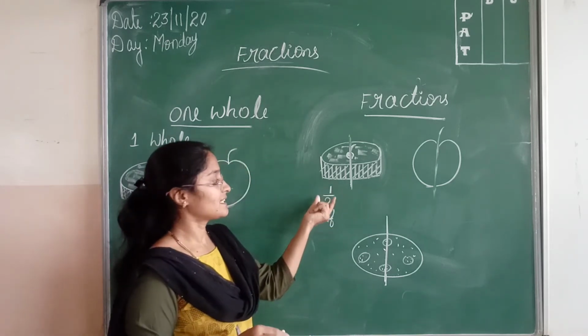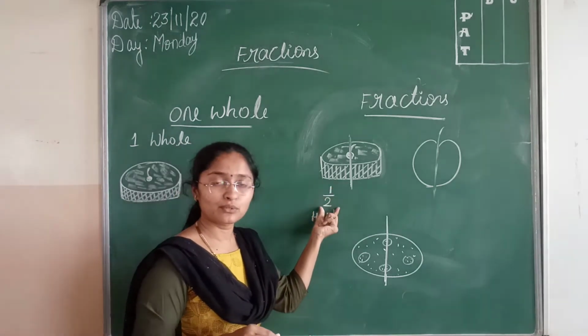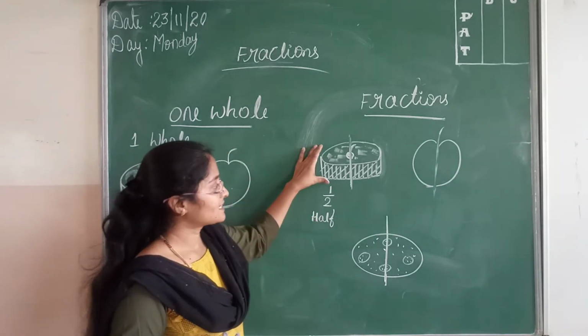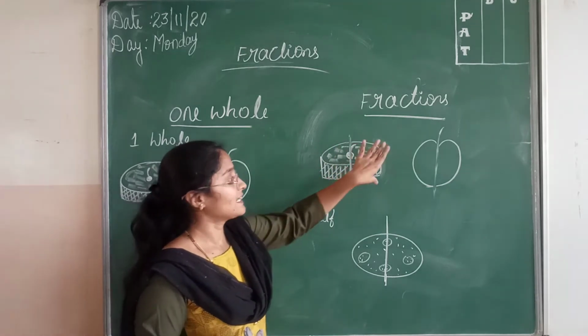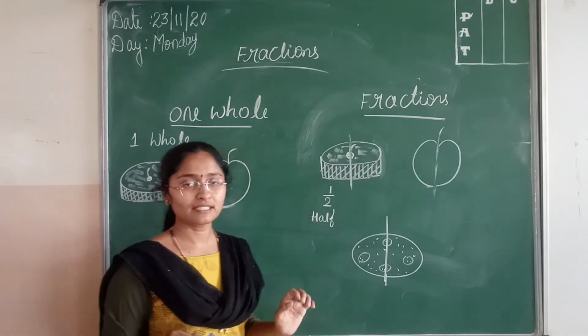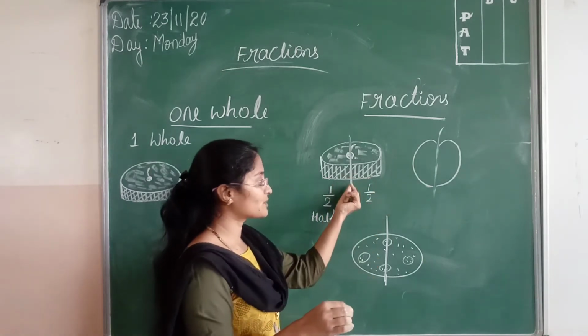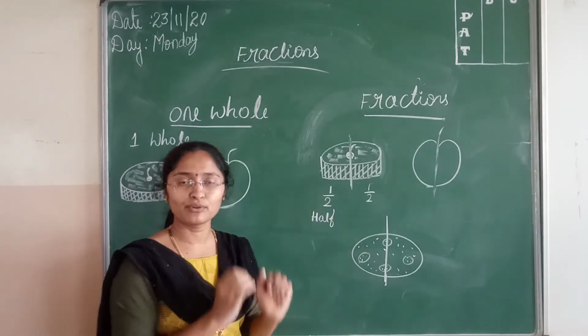We can read it as 1 upon 2, or else we can read it as half. This is a half part of one cake and this is also a half part of one cake. So when we join these two halves, we will get one full cake.